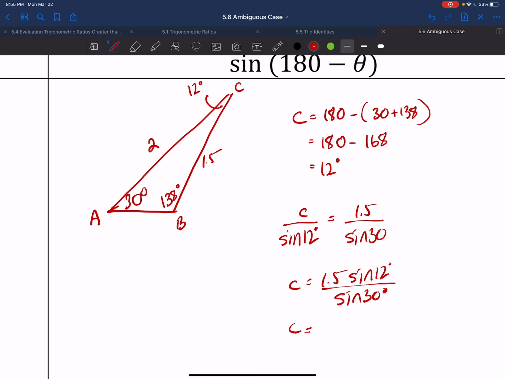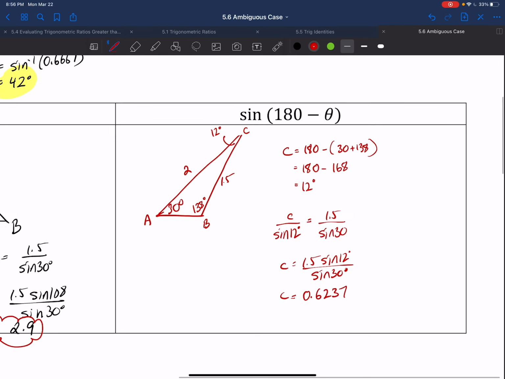So feel free to fast forward. So we get 0.6237, so it's a small side.